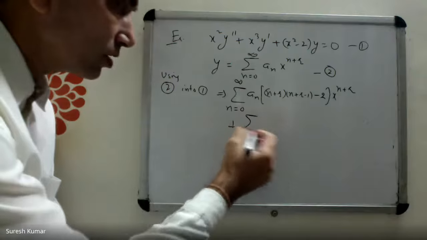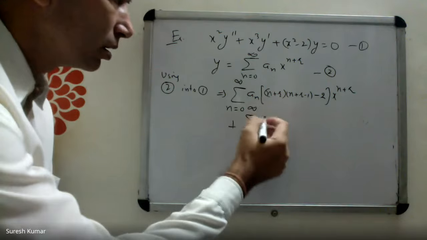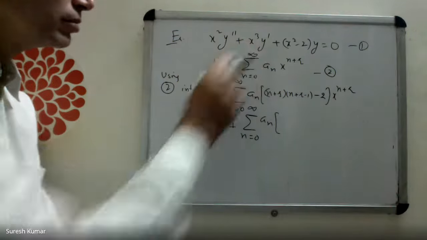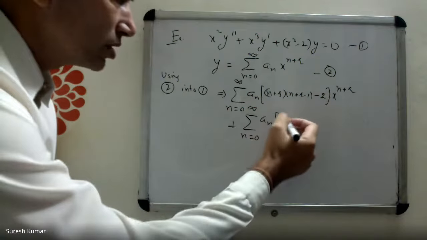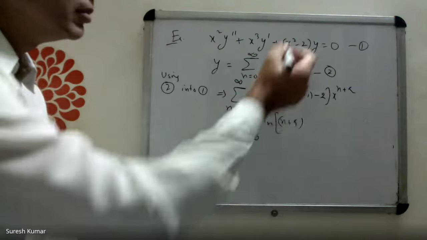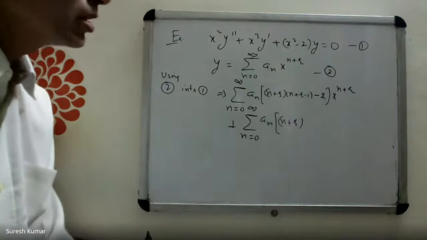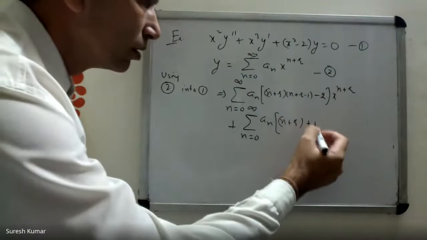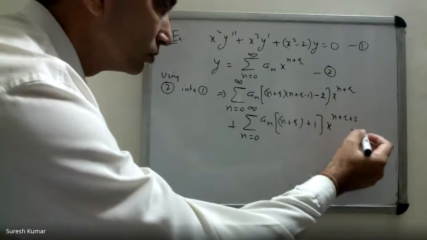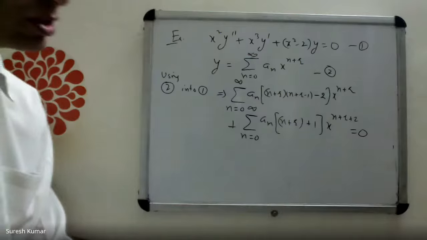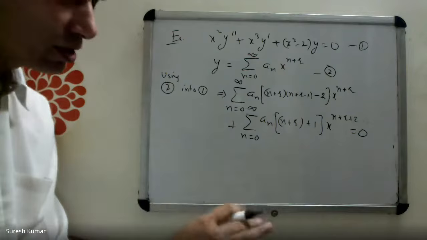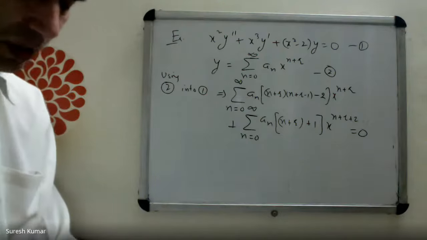So just collect their coefficients. One is coming from here, so first derivative means n plus r. And second is coming from here, plus 1. x power n plus r plus 2. So if you can think this way, this will save a lot of your time. But if you are not sure like this, then write all the summations separately and then combine.